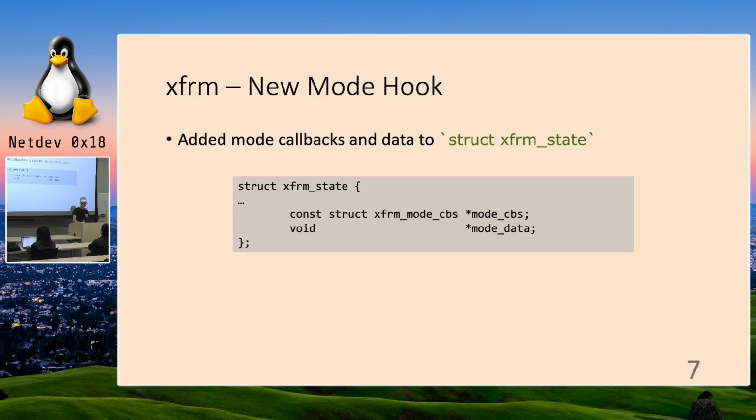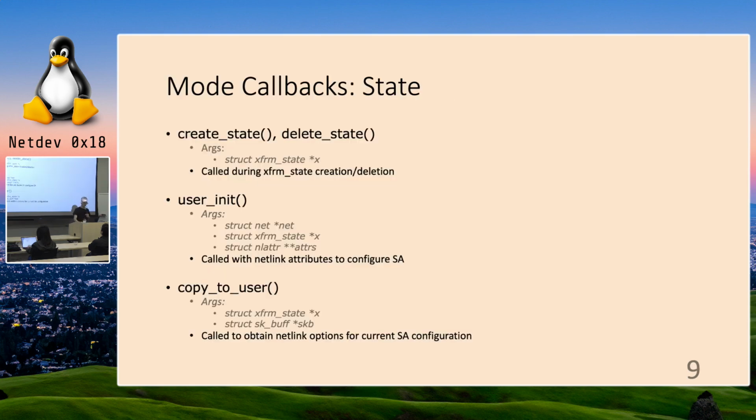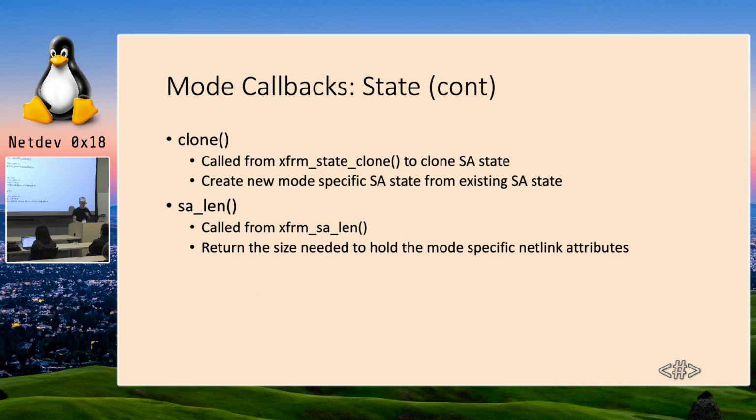So what did we change in the SA state? We added a callback structure and a data structure, data for the TFS state and the callbacks. Basically these are the callbacks, and they get put throughout the code to do the different things. Create state and delete state get called when your SA is being created or deleted. User init and copy to user are for receiving netlink and copying netlink back out to describe an SA.